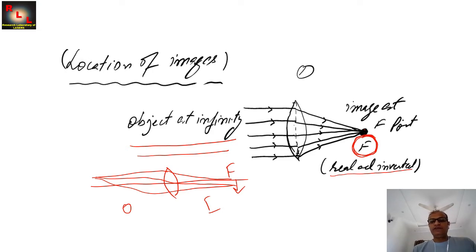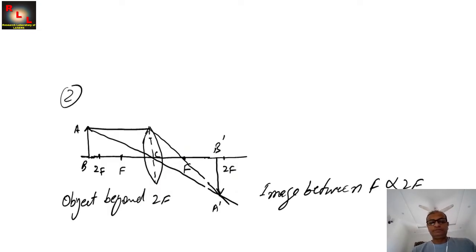In the second case, what do you see here? The object is beyond 2f. This is the focal length, and twice of this from here is 2f.